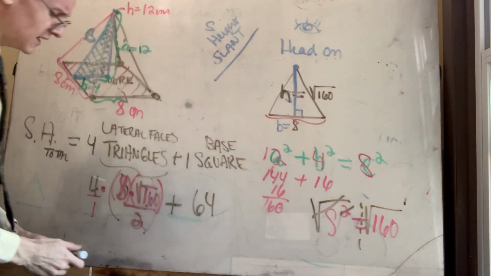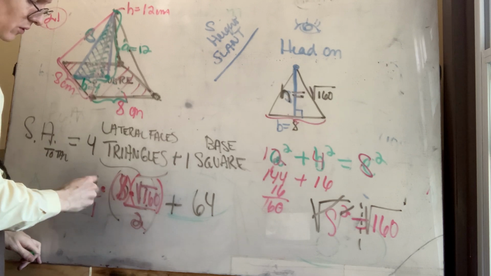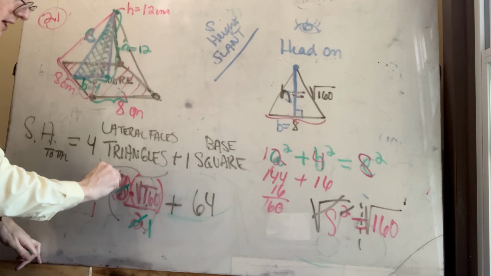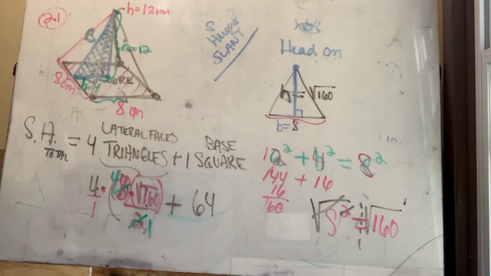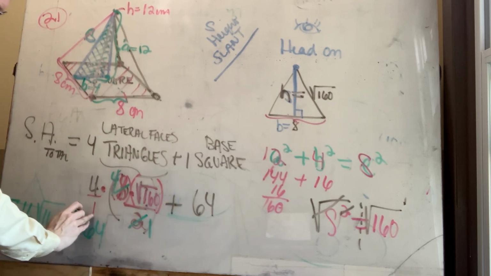So let's reduce this 2 and maybe this 8 here. Or the 4, it doesn't matter. This would be reduced to 1, and half of that would be 4. That means realistically that this is 4 times 4, which is 16 times the square root of 160 plus 64, the square's area.